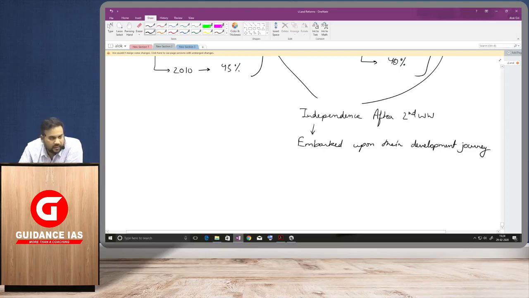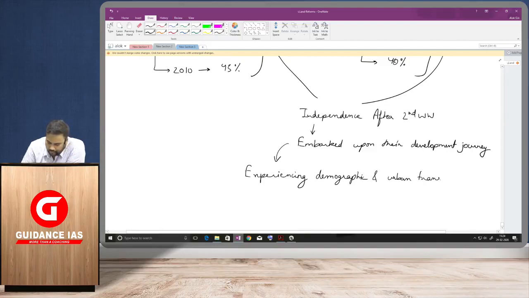That means what have they been experiencing? They have been experiencing demographic and urban transition. But what explains the divergence after 1985?